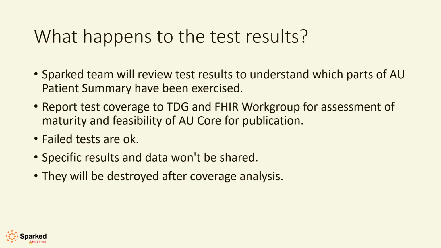So in terms of that, the test results and anything you submit in come to the Spark team and they're looked at for coverage and they get reported on for coverage. But the actual specific test data you're using, what passed or failed or any kind of insights into your product itself, those things aren't shared. They're destroyed after we do analysis and we check with you guys that that's actually what is covered.